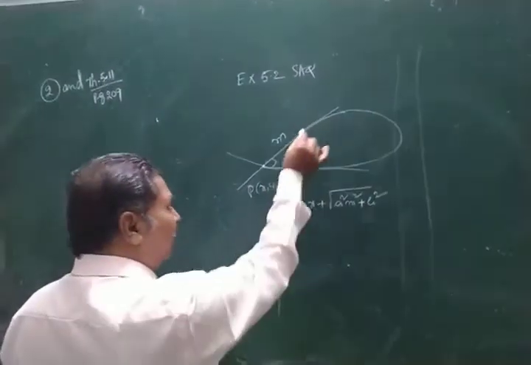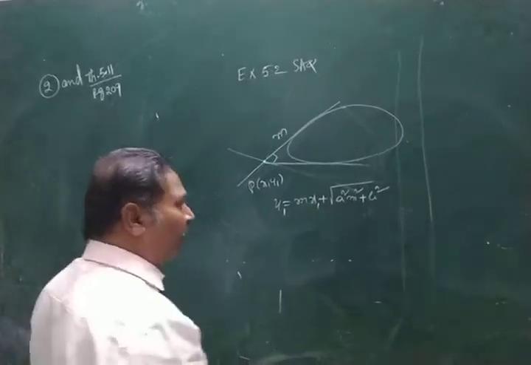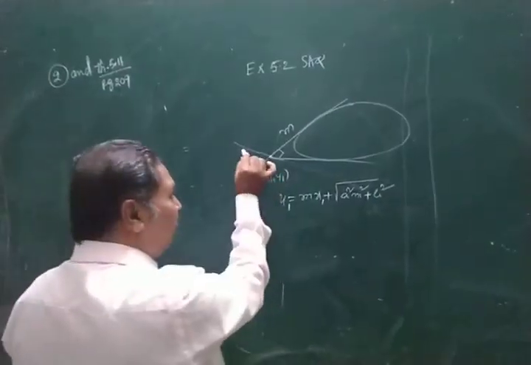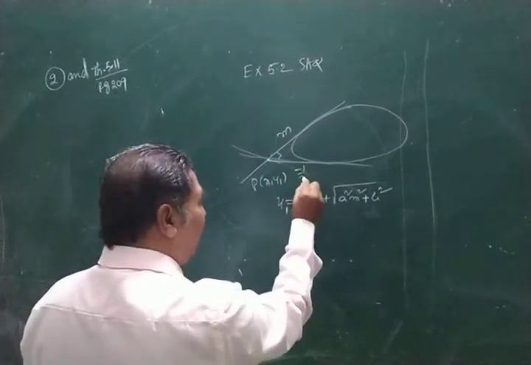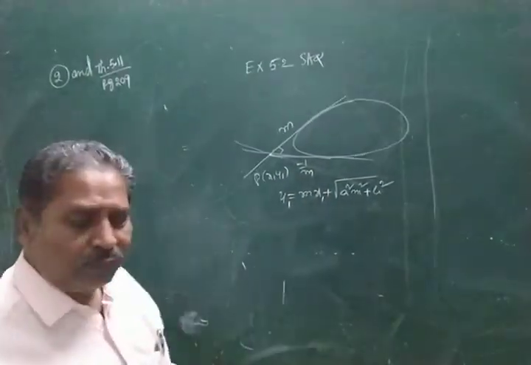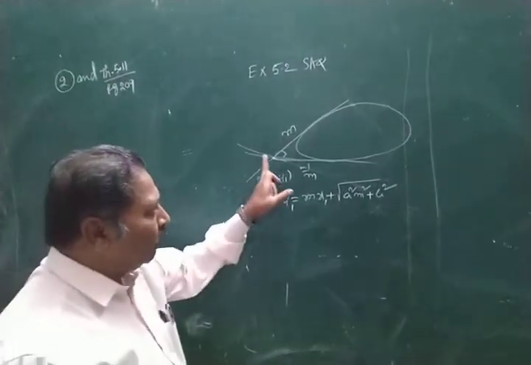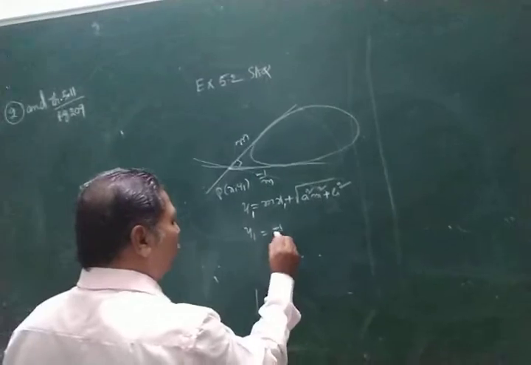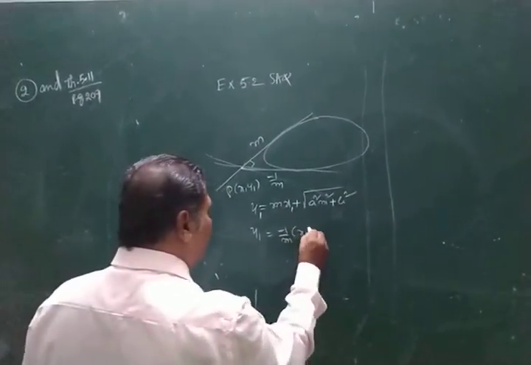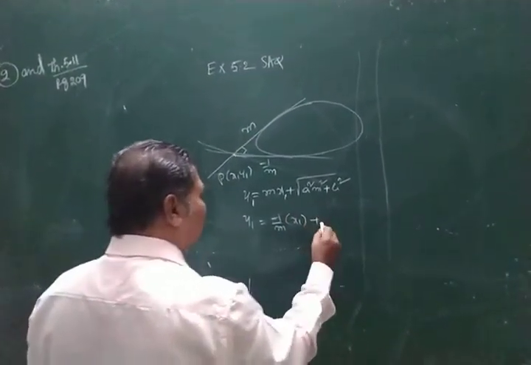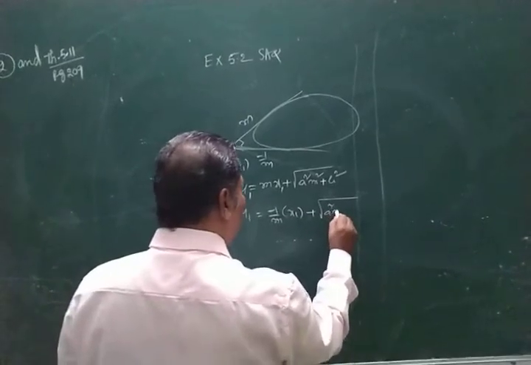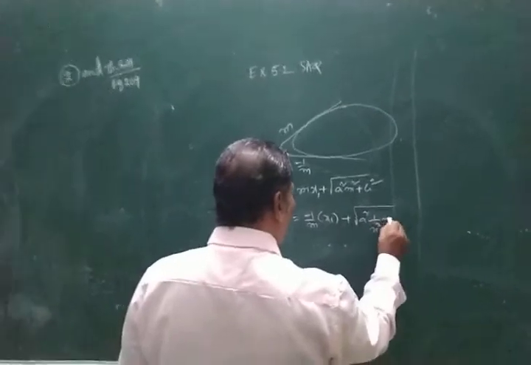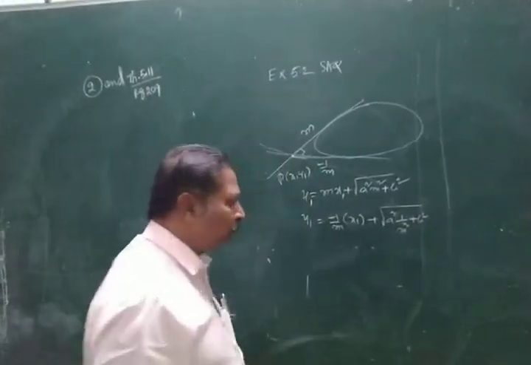Next, this line passes through the point x1, y1. Next, slope of the second line is minus 1 by m. So equation of this line: y1 equal to minus 1 by m into x1 plus under root a square 1 by m square plus b square.